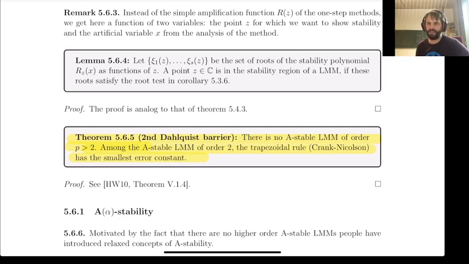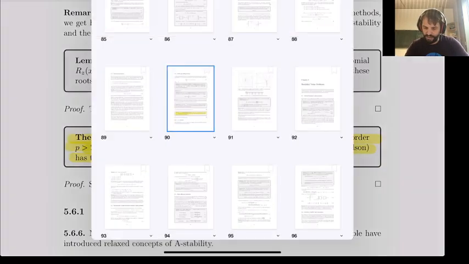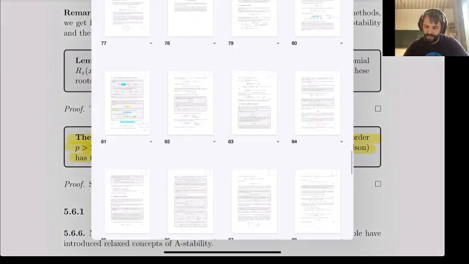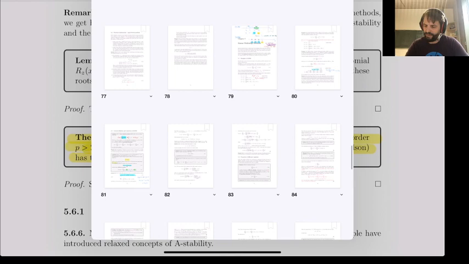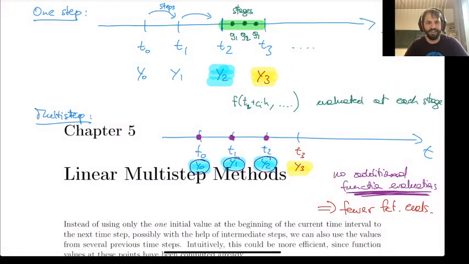And so if you want to solve stiff ODEs, you really have to be careful with your multi-step methods. So that's the advantage of the Runge-Kutta methods, while the advantage of the multi-step methods is that we essentially can have fewer function evaluations. Does that give you motivation?